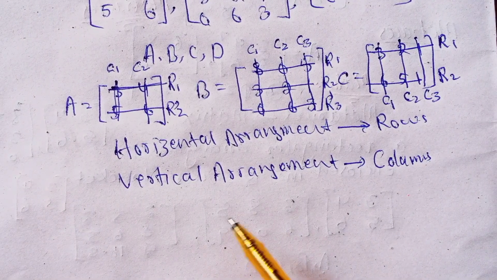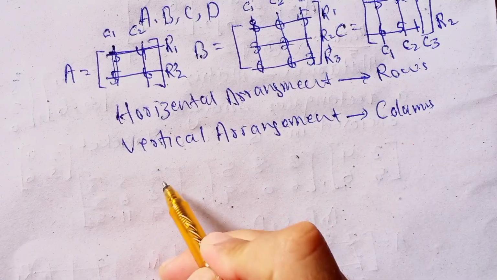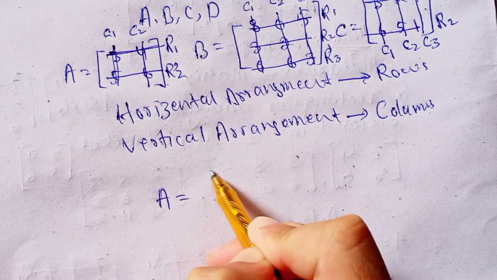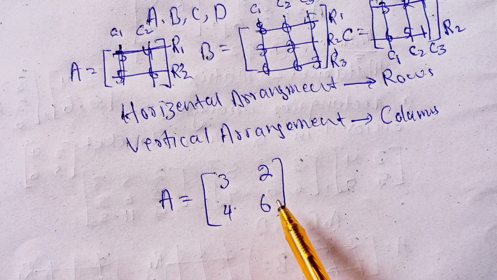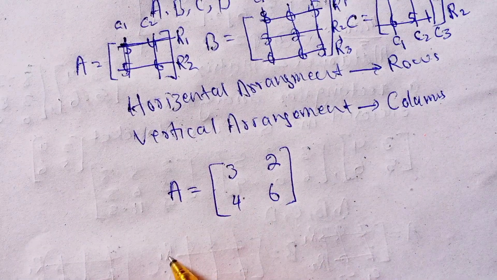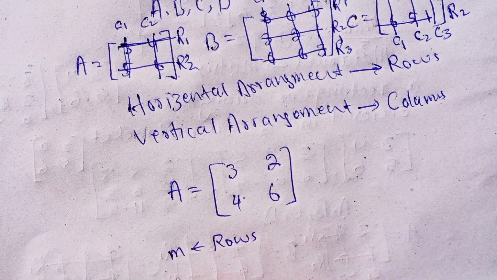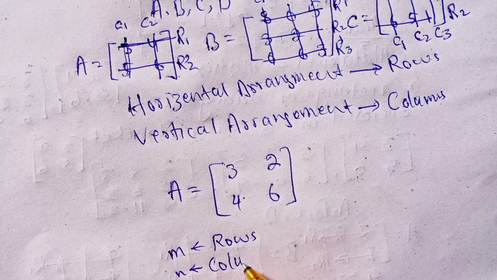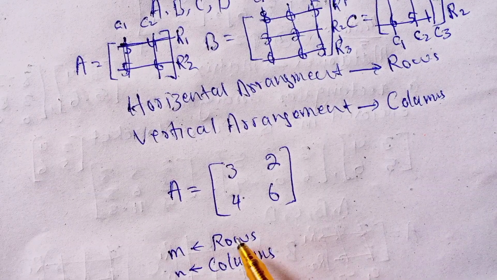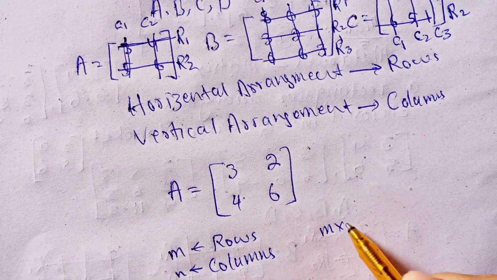Now we are going to discuss what is the order of a matrix. So let's suppose I have a matrix A, which contains the elements 3, 2, 4, and 6. Now, if a matrix has m rows and n columns, then the order of this matrix will be m by n, right?